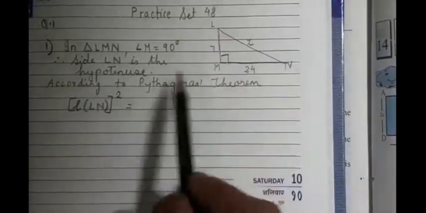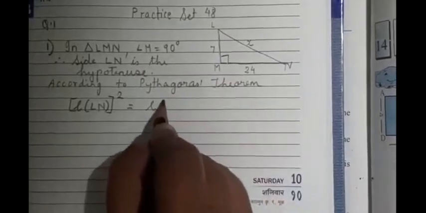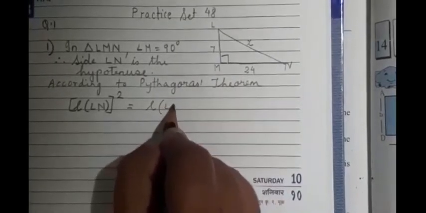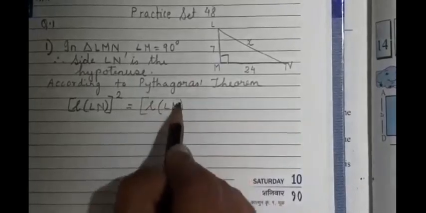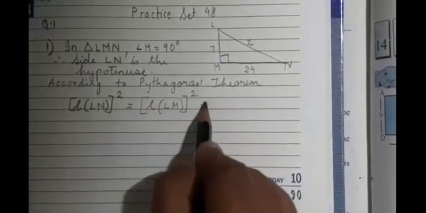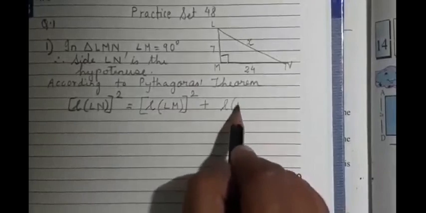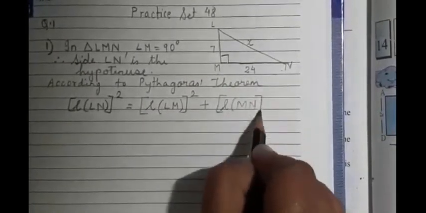So we'll take length LM square plus length MN square. Did you understand?